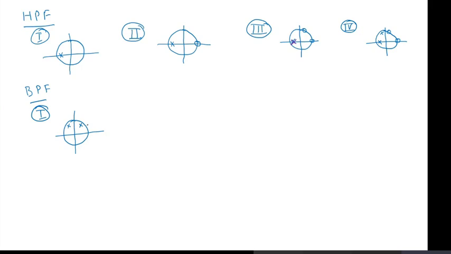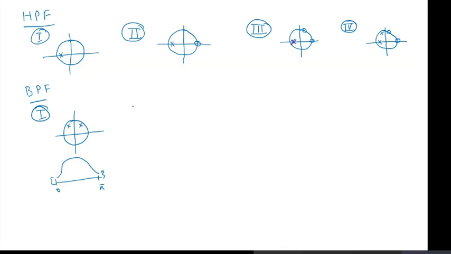So first is this one. So automatically what will happen? If you look into the frequency response, 0, pi, something like this. At 0 and pi, we are not getting any suppressed frequency components. Okay.